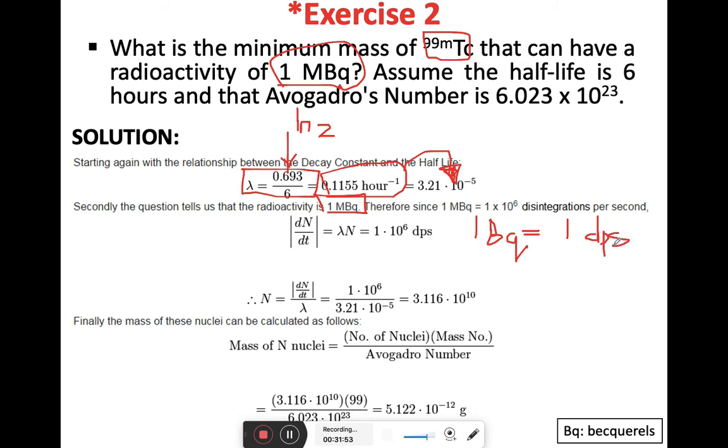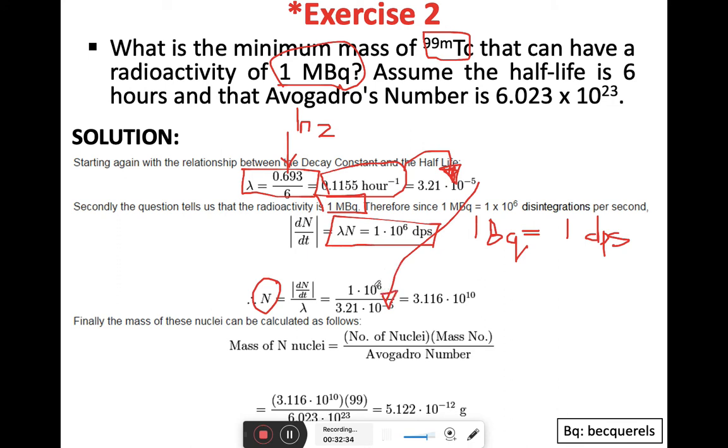So 1 megabecquerel is 1 mega DPS. So this is our equation: lambda N equals 1 mega DPS. From here, we want to get N, the number of nuclei, so just divide by the decay constant in per second, because we are dealing in seconds.